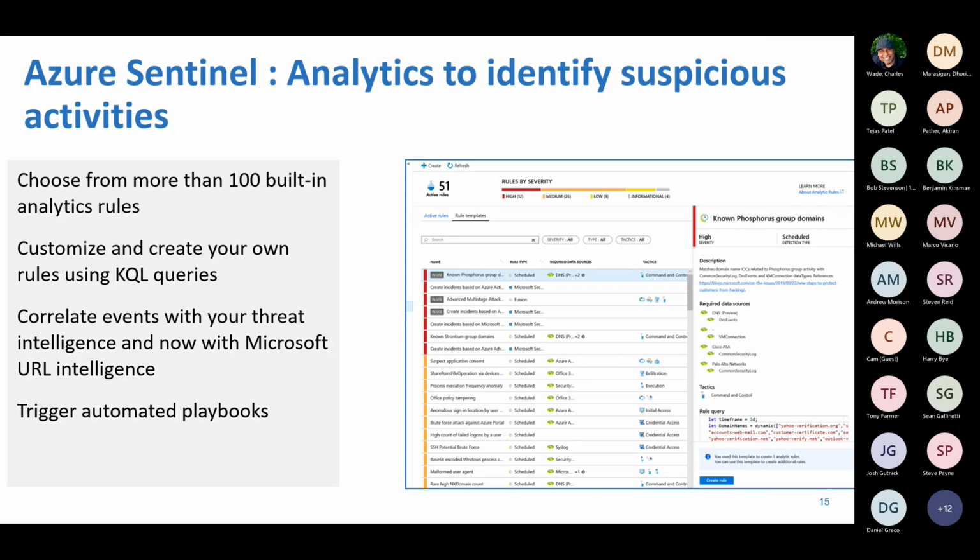Quickly going through these slides, one of the other aspects of the SIEM solution that Sentinel provides is analytics, right? When you are connecting to data sources, it also gives you inbuilt analytics. There are over 100 pre-built analytics rules available. These analytics rules help you understand what is happening with the data source that you're connected to, right?